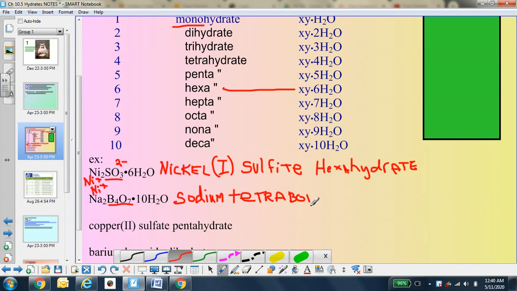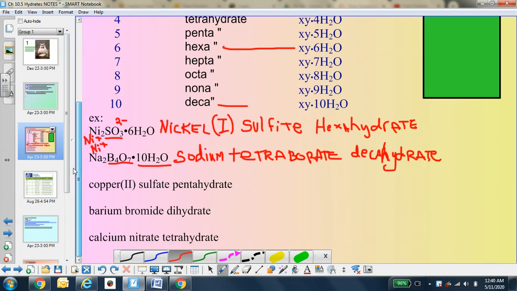It's a polyatomic ion that we would look up on the back in that table. Our 10 water molecules, we have to add the word decahydrate. Sodium tetraborate decahydrate. Sounds pretty impressive, doesn't it?